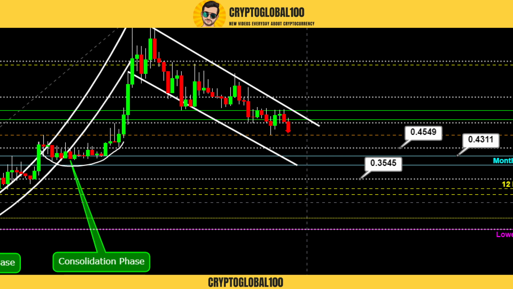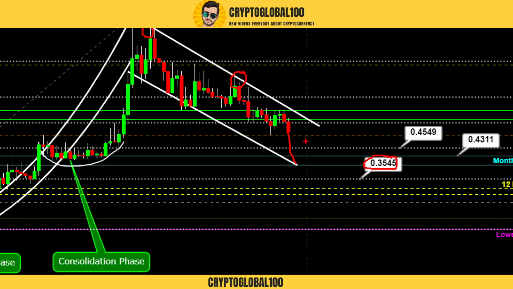Right now this candle is going down, and looking at the price action, you see one rejection from here, a second rejection from here, and the price is more on the upside in between. So I am expecting the price to go down to this level, 0.35. That is my prediction if the price goes down.